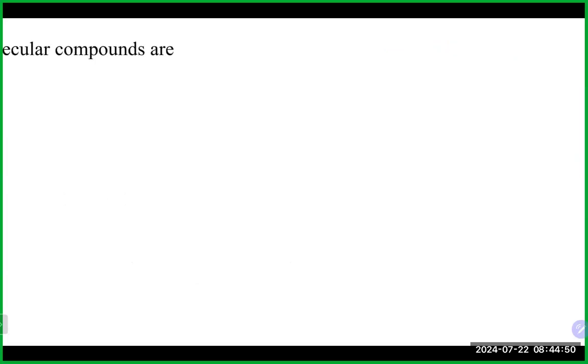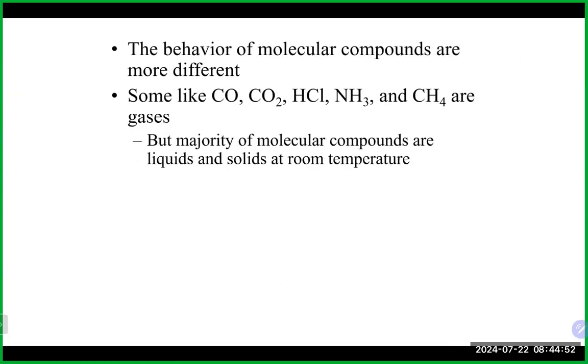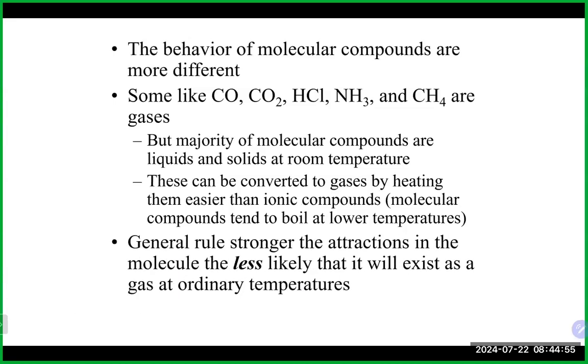Now, covalent compounds or molecular compounds, which again are held together by sharing of electrons, have very different behavior than ionic compounds. Some molecular compounds are just gases normally: CO, carbon monoxide, carbon dioxide, hydrogen chloride, ammonia, methane. These are all gases under normal conditions.